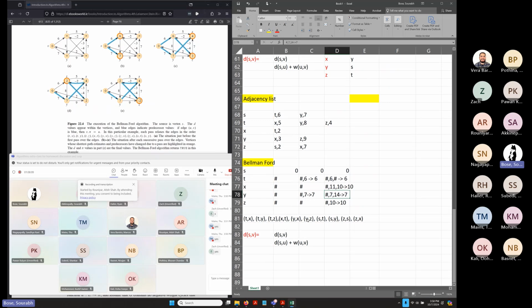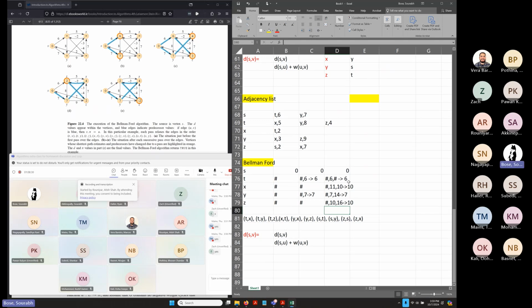Next is YZ. S to Y is currently 7, YZ is 9, so it is offering 16. It remains 10.